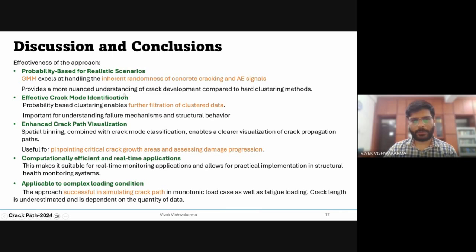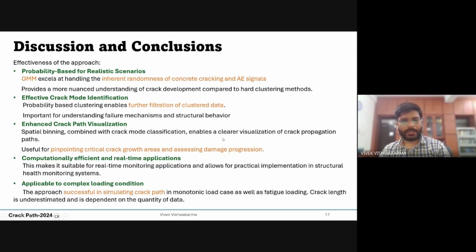It actually provides us a greater understanding of crack development compared to hard clustering methods like K-means, because it is a probability based clustering, which enables you to further filter your cluster data, which is not available in hard clustering. Also, enhanced crack path visualization with spatial binning combined with crack mode classifications.